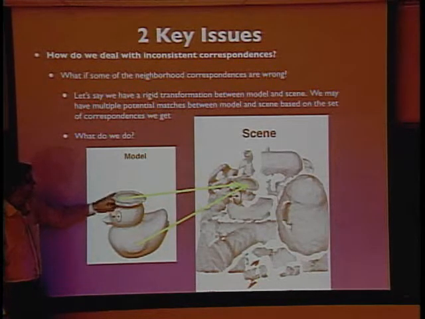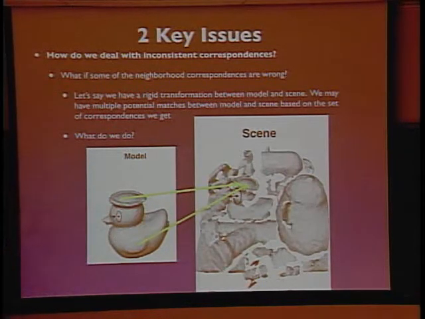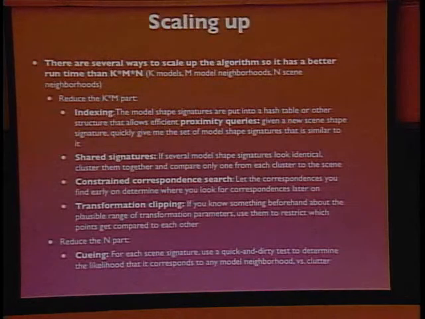And you can do this if you are fairly confident that this correspondence is a real one. But that's the catch, though: if you start excluding the possibility of some correspondences later on, because some of the earlier ones are pretty good, the earlier ones had better be right, or else you have just caused problems later on in the process. So it's constrained correspondence search.